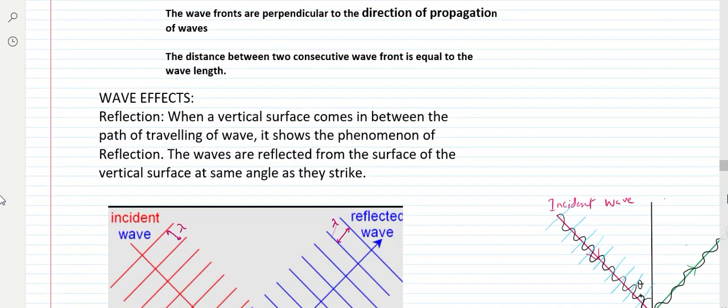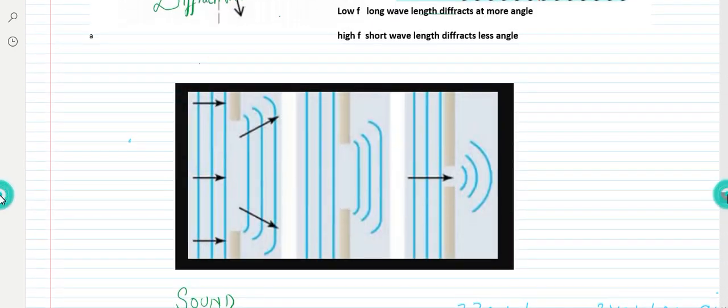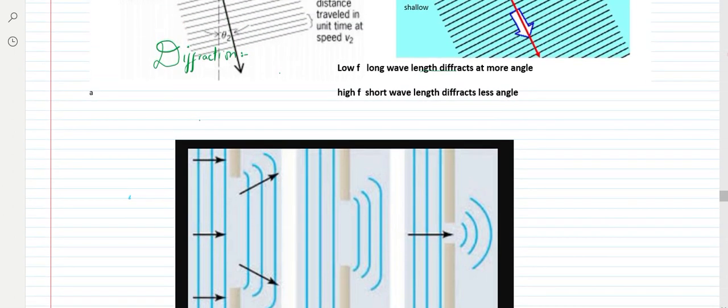As you can see, the concept of diffraction is very well described over here. For diffraction, let me write it down properly, just a second. Right, for diffraction you must consider the frequency of the wave which is being diffracted.